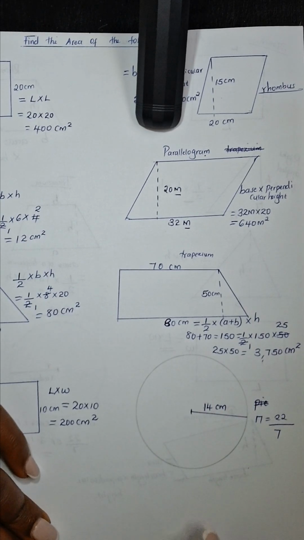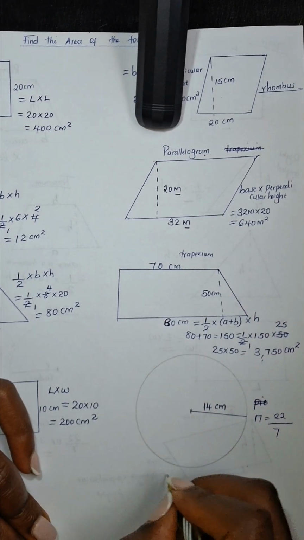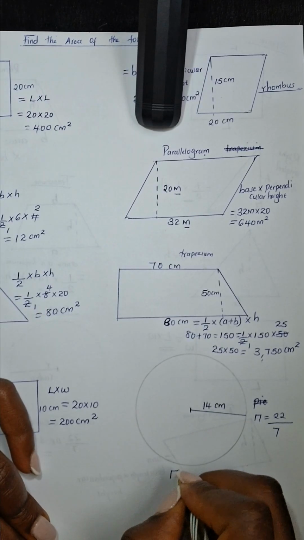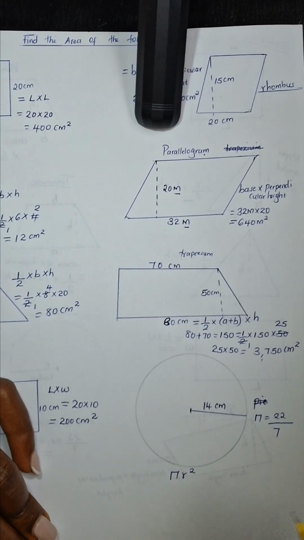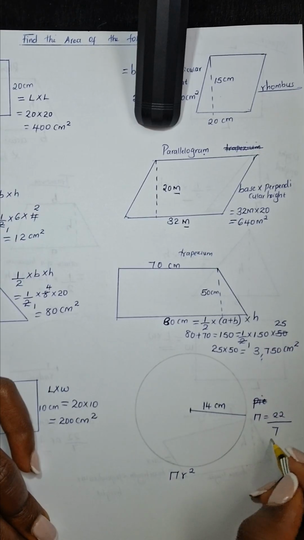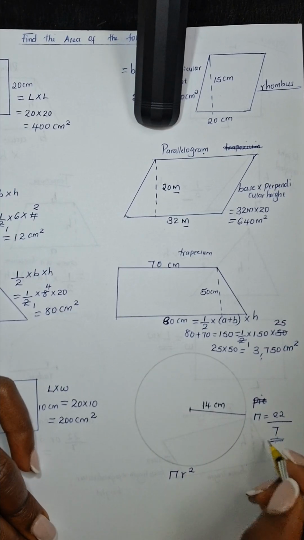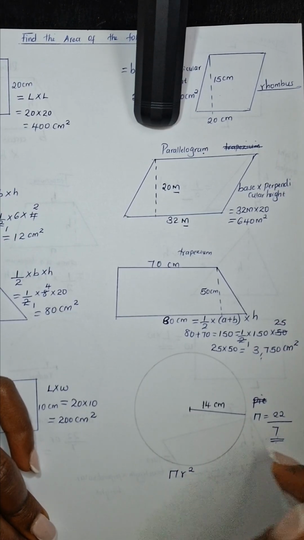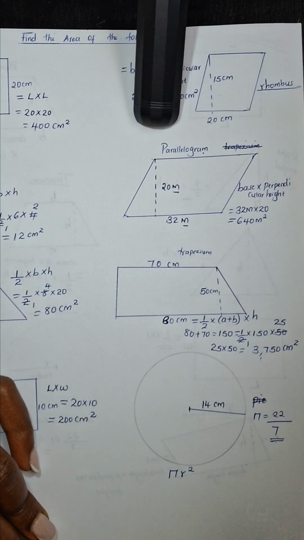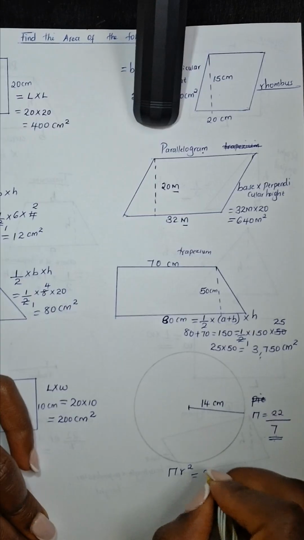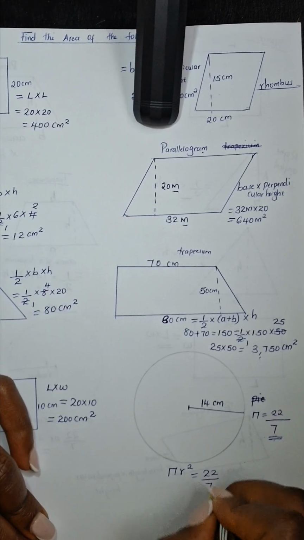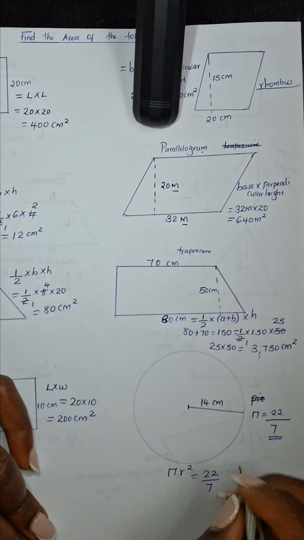Now we have a circle here. We had said that the area of a circle is achieved by calculating pi r squared. Remember, I had said that every question will always specify you to use either 22/7 or 3.142. If not, you can just use either. So here, I have 22/7 as pi, then my radius squared.